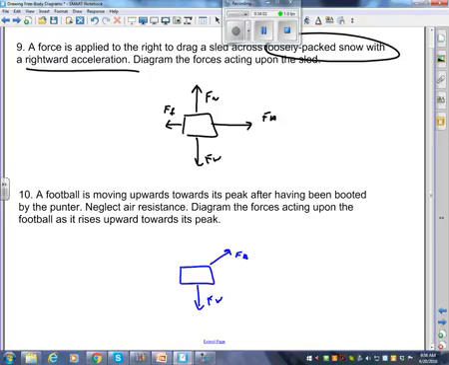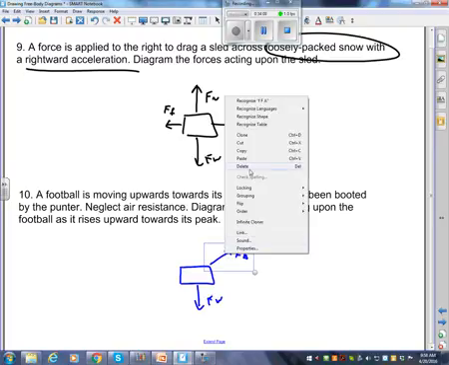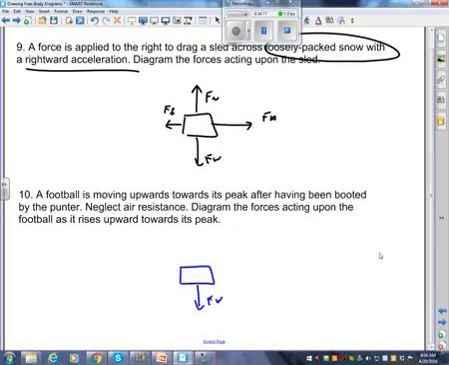Objects in motion stay in motion. You don't need forces to keep objects moving. Neglect air resistance. There is nothing slowing it down.